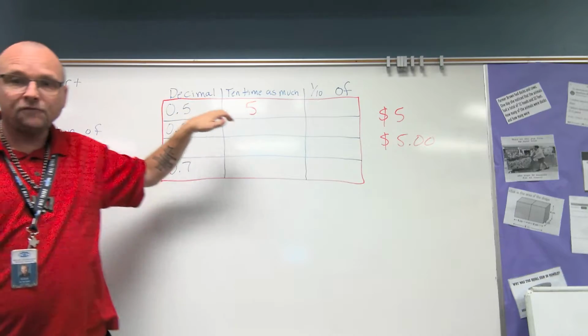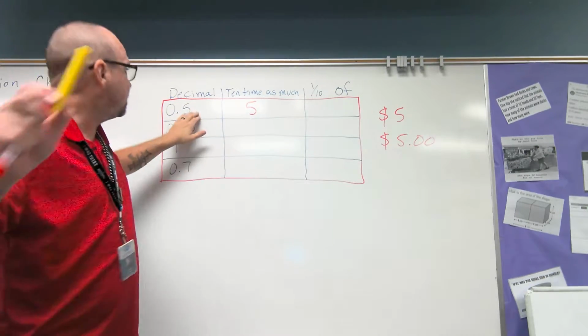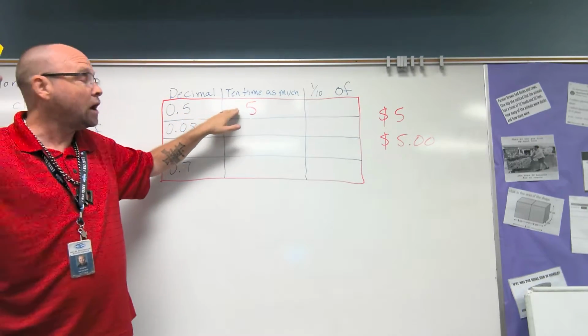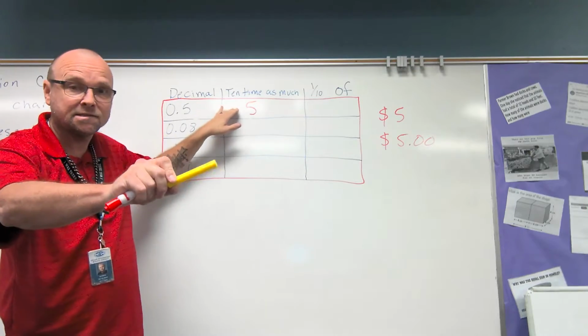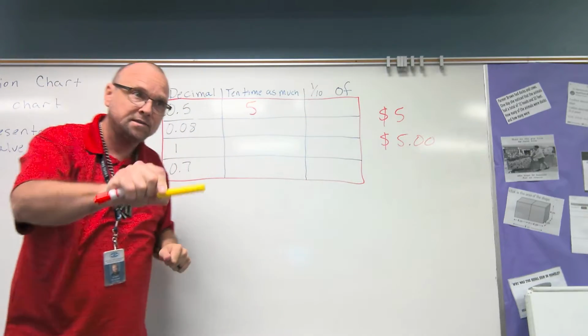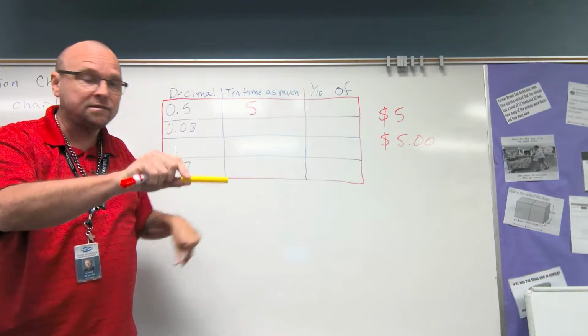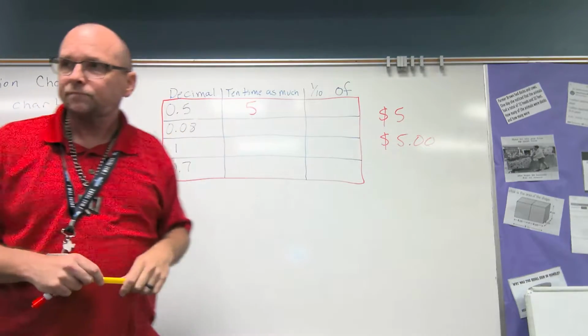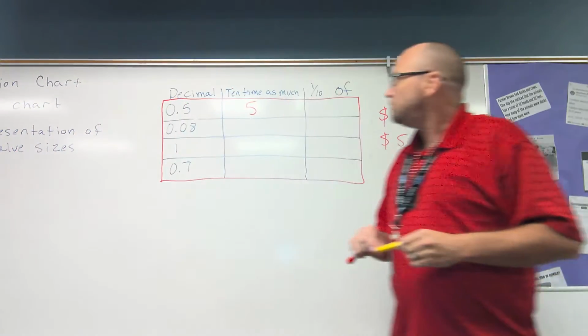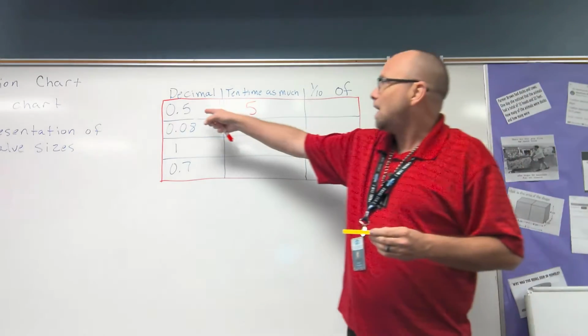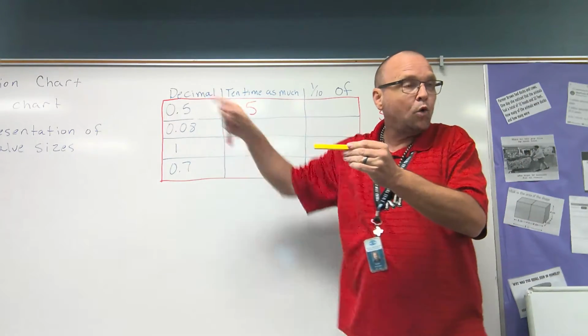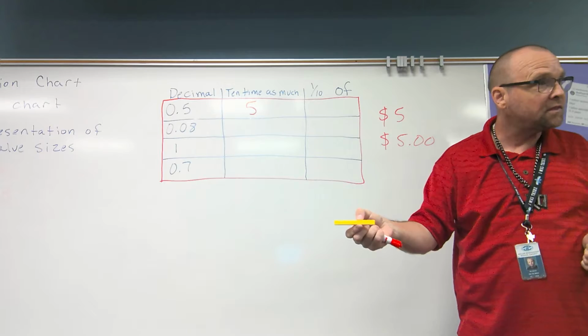So if I have 5 of these, and now I want to know how much 10 times this would be, 50 of these, and 50 of these would equal 5. Now, what if I had 5 of these, and I wanted 1/10 of that?